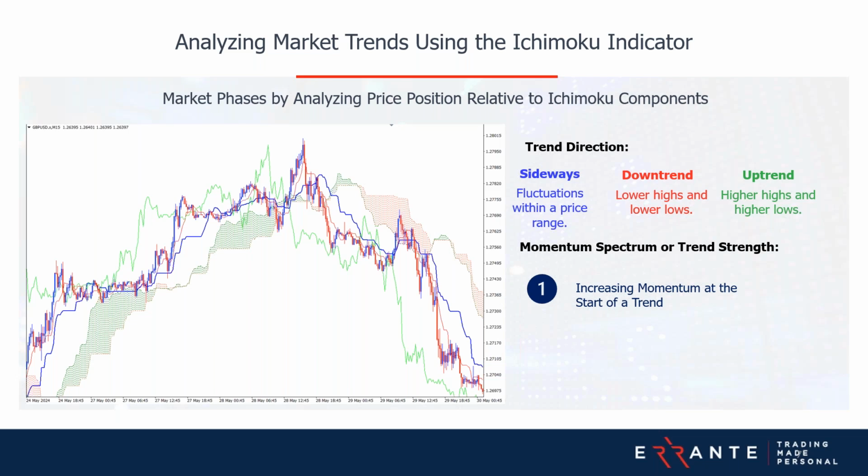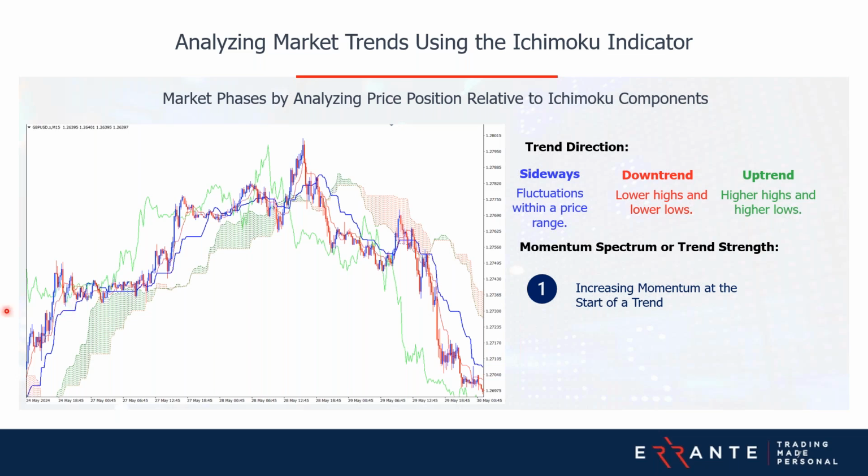This is often seen in the steep slopes of the Tenkan-sen and Kijun-sen lines in the direction of the trend. For example, here, accompanying a very significant price action movement to the upside, we see the Tenkan-sen and Kijun-sen are in steep slopes right here.